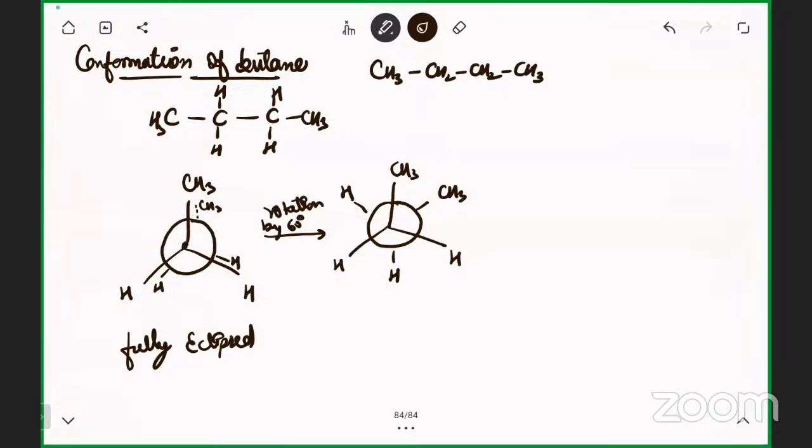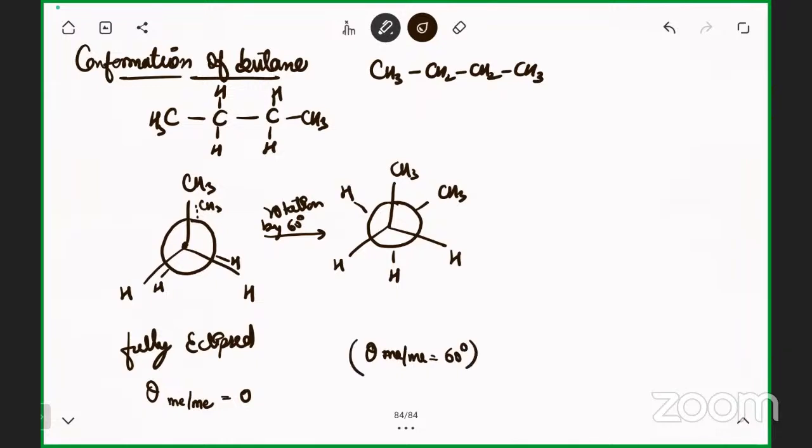So you can say the angle between methyl and methyl in this particular case is 0. And in this condition, the angle between the methyl and methyl is 60 degree.